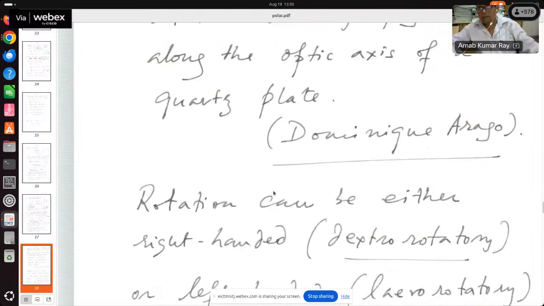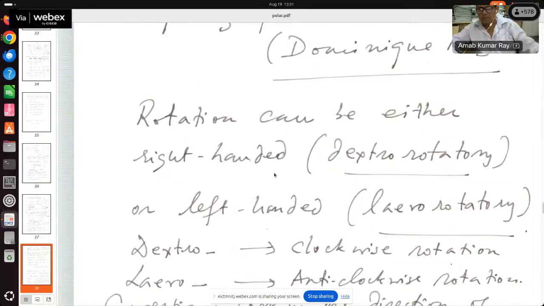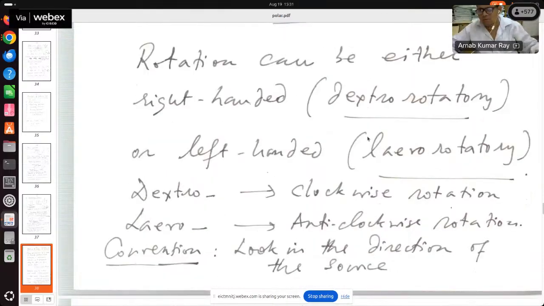Anyway, now this rotation can be right-handed, which we call dextrorotatory, or left-handed, which we call levorotatory. Dextro means clockwise rotation. You look at the light approaching towards you.